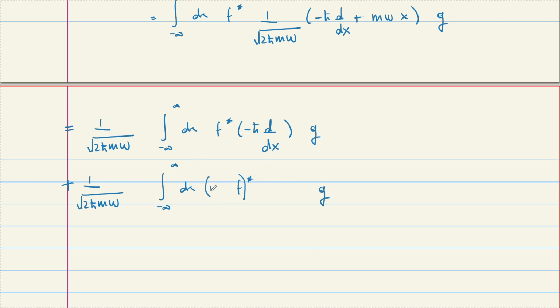So what I will do is I'll take this from here and put it with the conjugation here, mωx. This is like a real conjugation, doesn't change anything. Here, I'm not as lucky. In this case, this is like a derivative acting on this, and I cannot just take it from here and put it there. What I need to do is integration by parts.